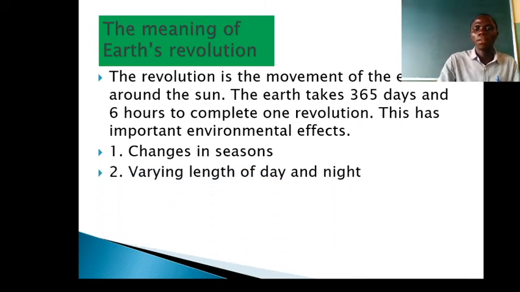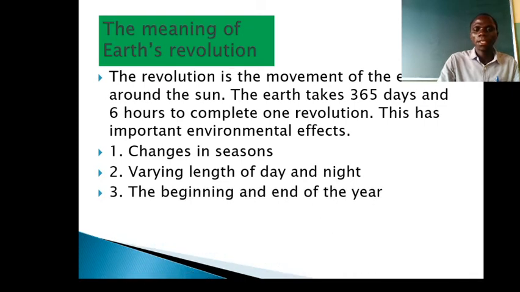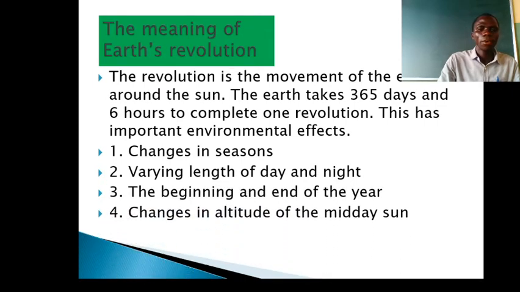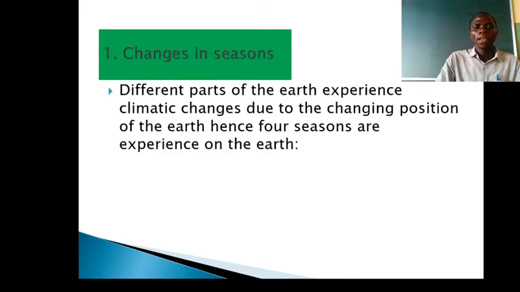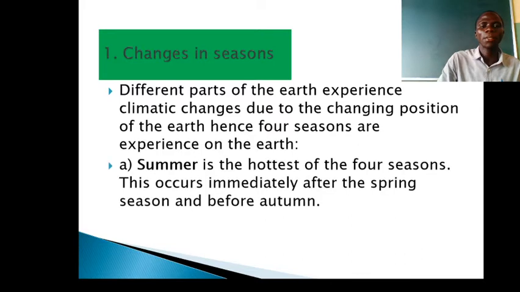Others are varying length of day and night, the beginning and end of the year, and lastly, changes in altitude of the midday sun. 1. Changes in seasons. Different parts of the earth experience climatic changes due to the changing position of the earth around the sun. On the earth, we have 4 seasons because of Earth's revolution around the sun.